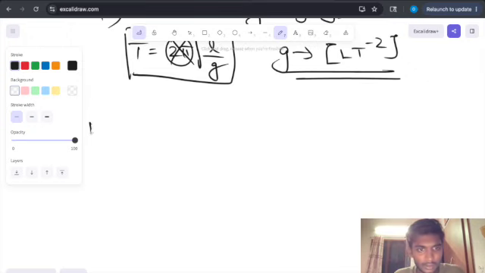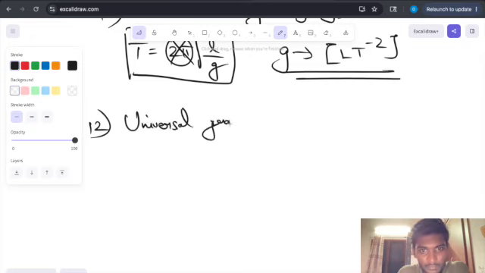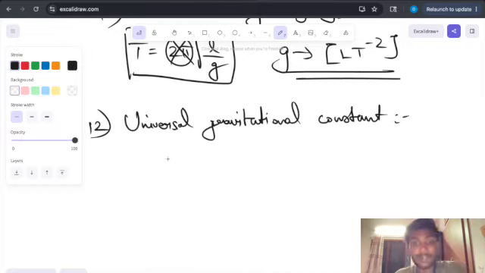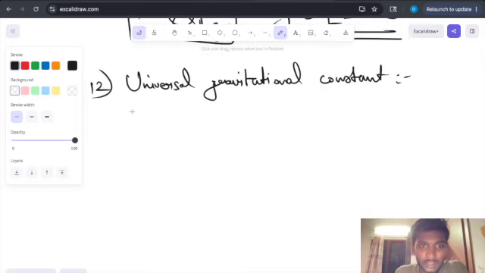Then we have the universal gravitational constant. I've also derived this in detail in my previous video, so make sure you watch that. So F is equal to G m1 m2 by r square.